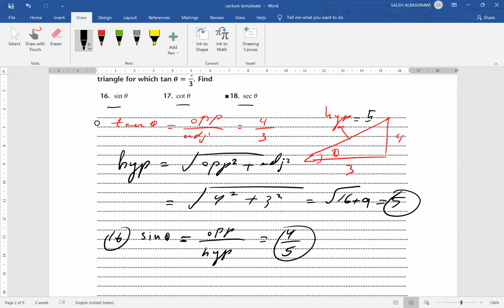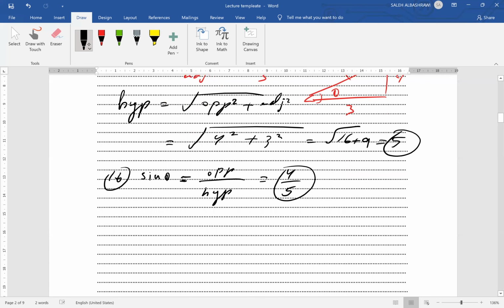Second one, cotangent theta is equal to the adjacent divided by the opposite, which is the adjacent 3 divided by 4. And this is equal to 1 over tangent. I mentioned this before in the first part, that cotangent is the reciprocal of the tangent.